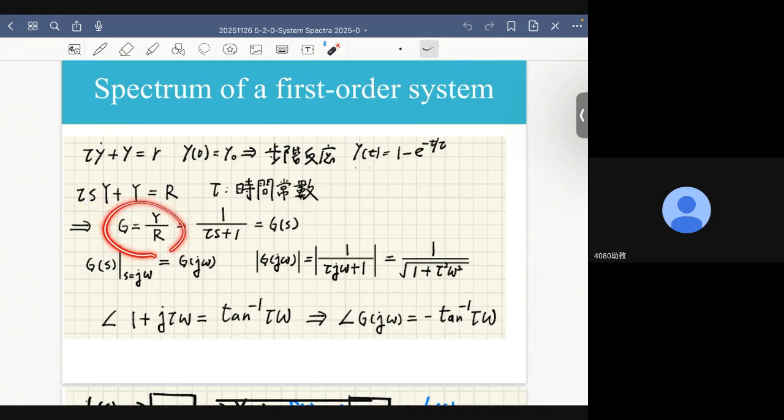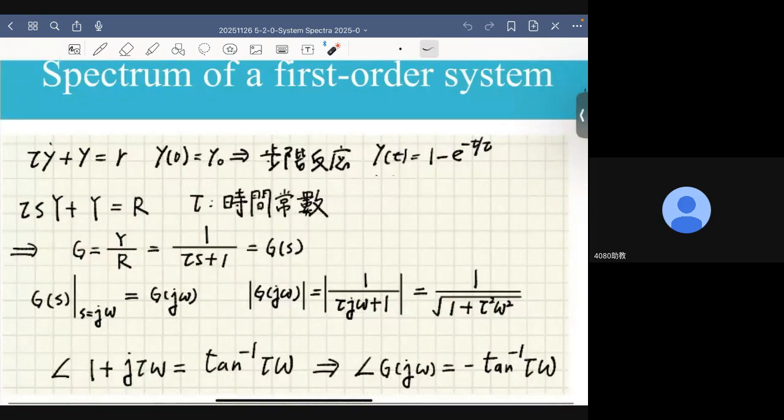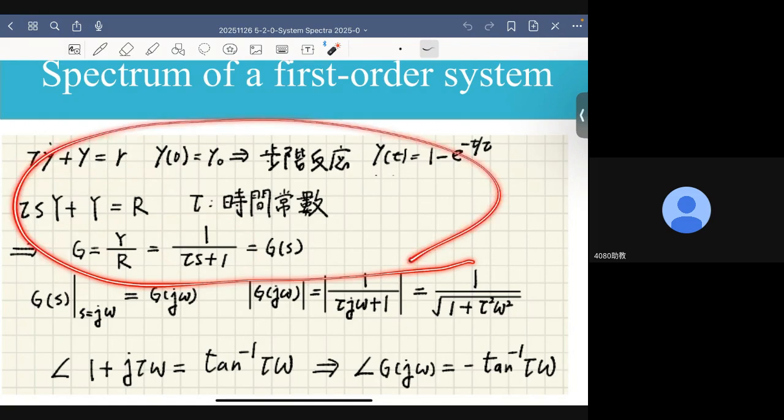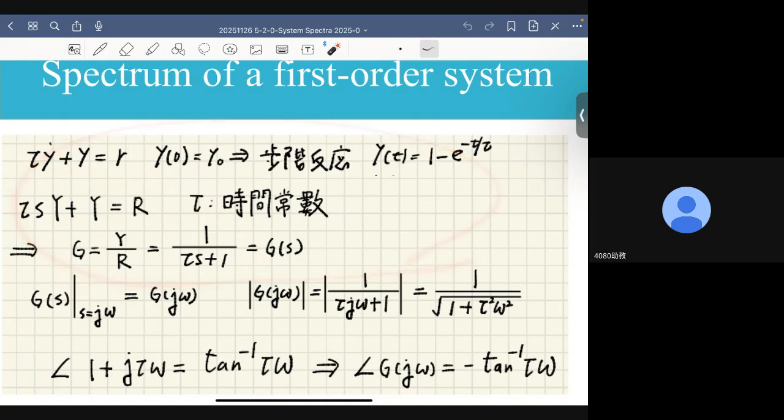By definition, the transfer function is the ratio of the Laplace transform of the output to the Laplace transform of the input. This is the definition of the transfer function. And from this equality, G, the transfer function for this simple first order differential equation, is this.